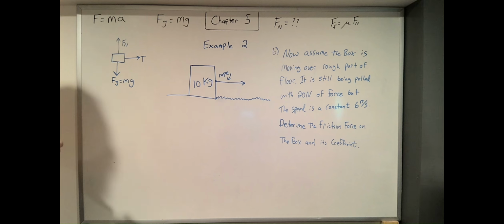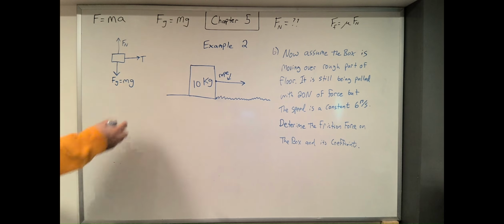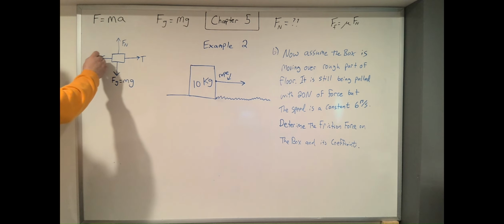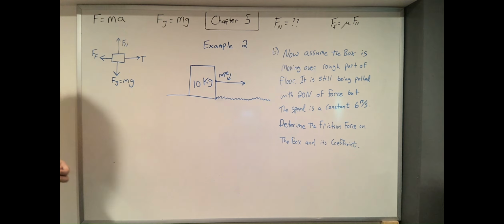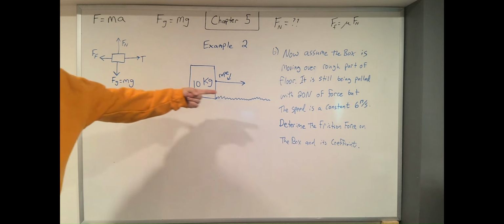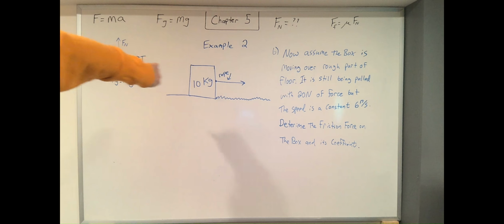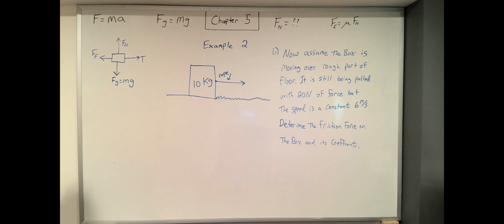But now there's a new force, the friction force. And that friction force must be pointed backward because it always opposes the motion. And if the box is going this way, friction will be pointing the other way and it will be fighting it. Okay, so we have now added a new force, which means we're going to have to do some new stuff. This is actually what we're looking for, that friction force.